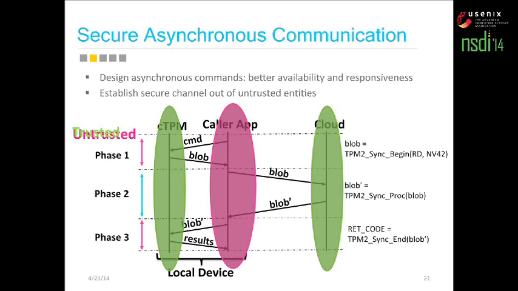This helps cTPM to improve availability and responsiveness for other caller applications. And further, I want to remind you that here cTPM and the cloud are trusted, but the caller app is not trusted. With this method, we actually build a secure communication channel with the help of untrusted entities.